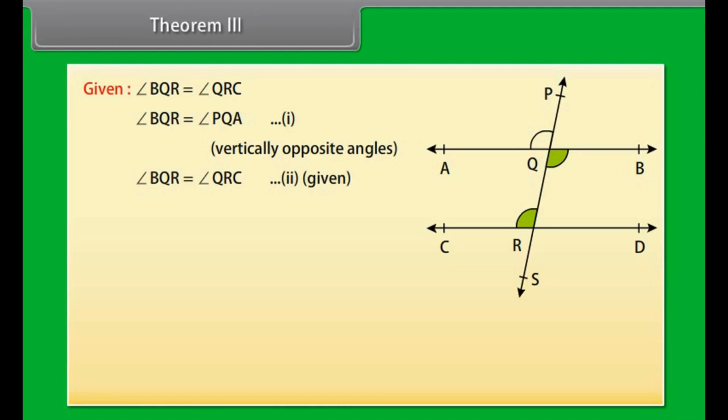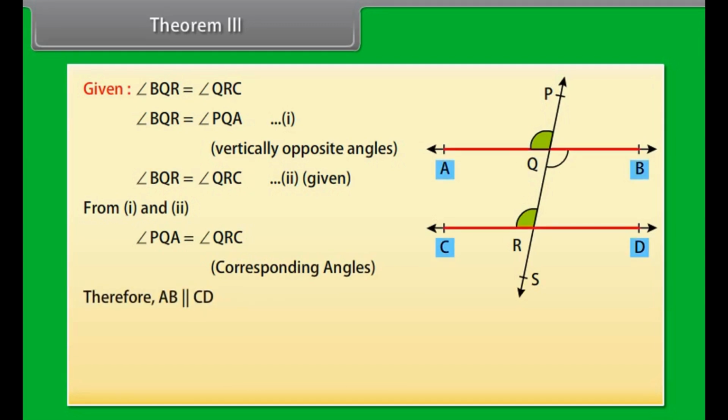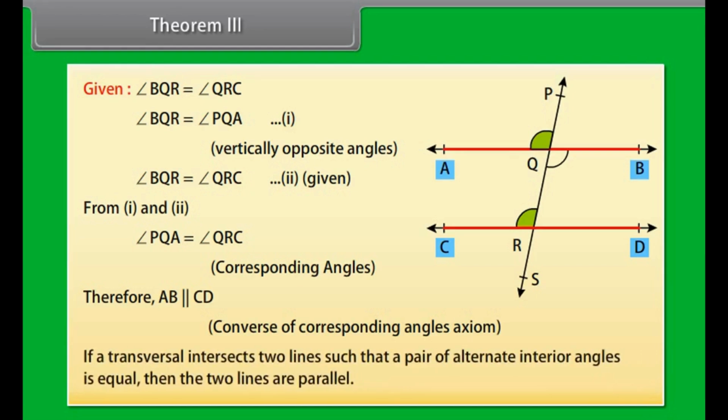Mark it as 2. So, from 1 and 2, you may conclude that angle PQA is equal to angle QRC. But they are corresponding angles, so AB is parallel to CD, by the converse of corresponding angles axiom. This result can be stated as a theorem, which is, if a transversal intersects two lines such that a pair of alternate interior angles is equal, then the two lines are parallel.